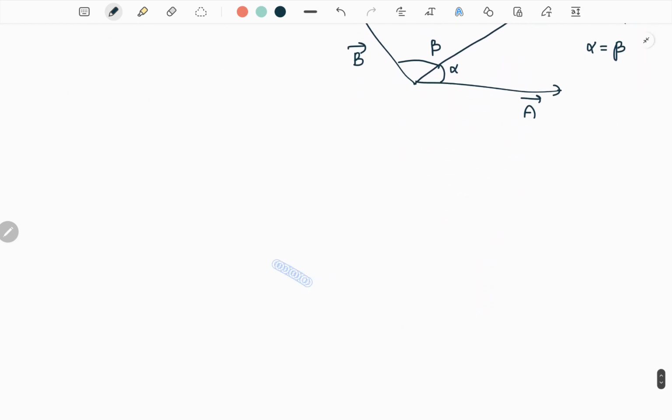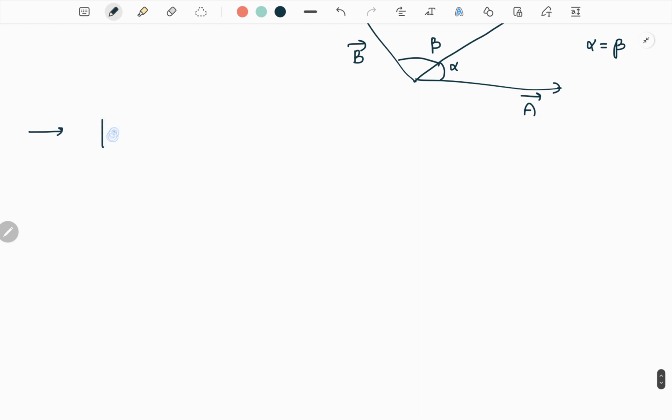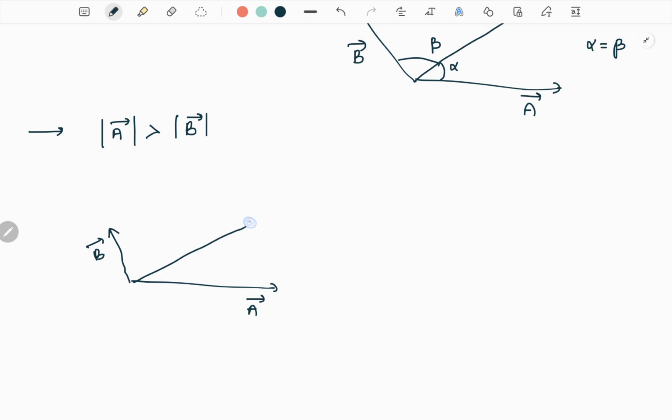So what do I mean? Suppose the magnitude of a bar is greater than the magnitude of b bar. So we have two vectors, a bar has more magnitude when compared with b bar, then the resultant would make a smaller angle with the bigger one.